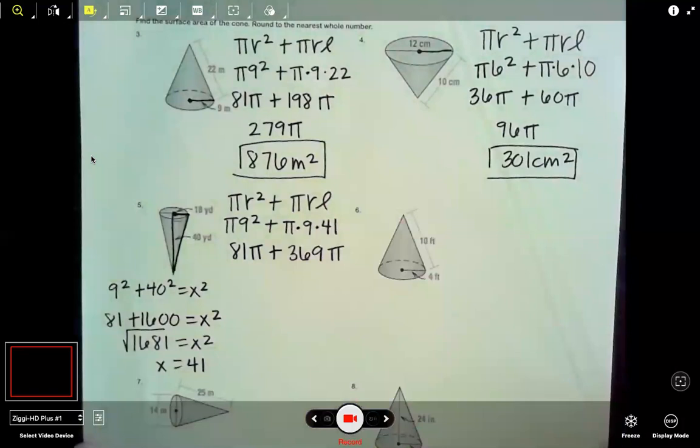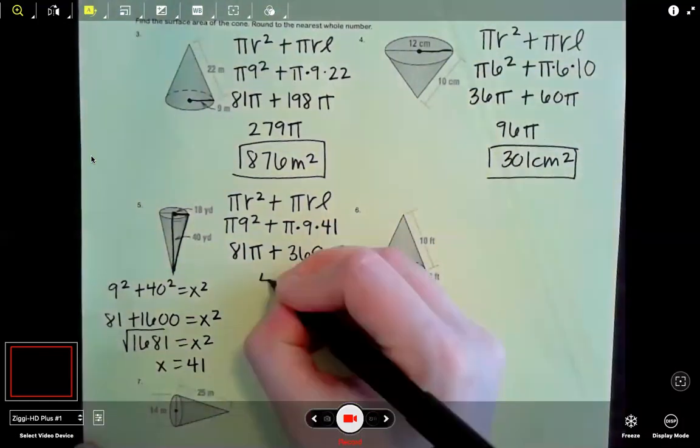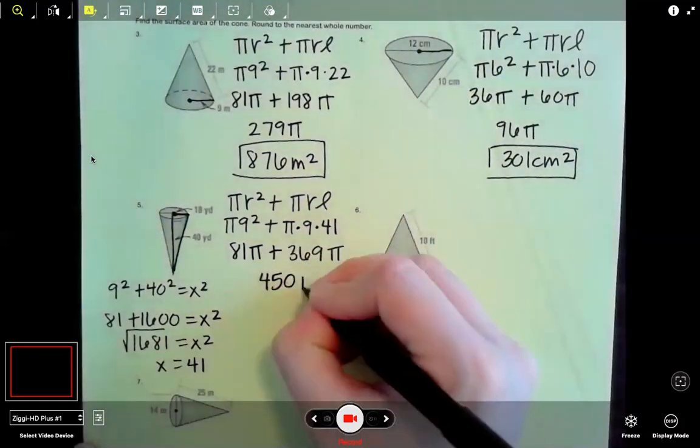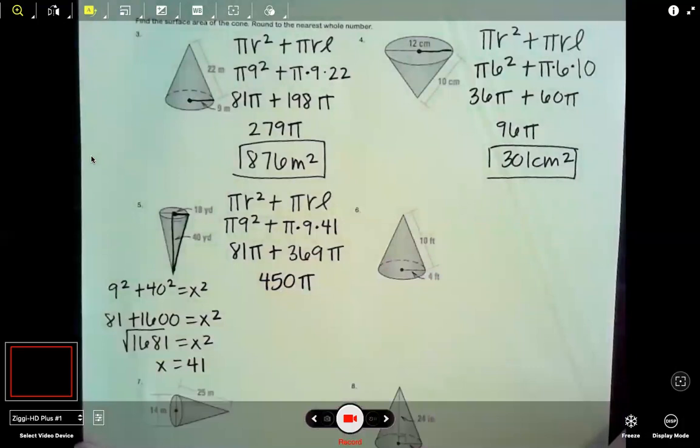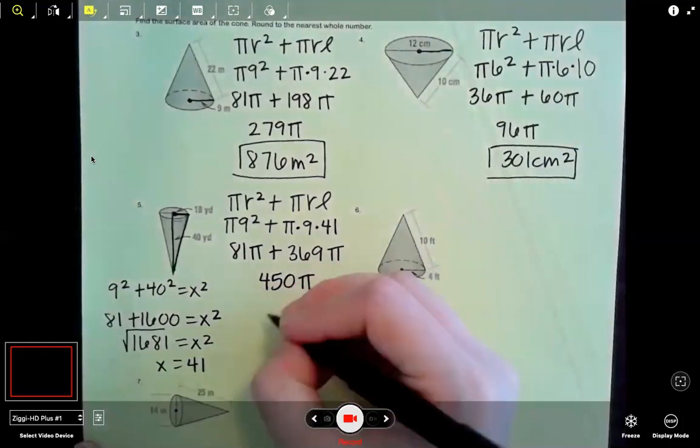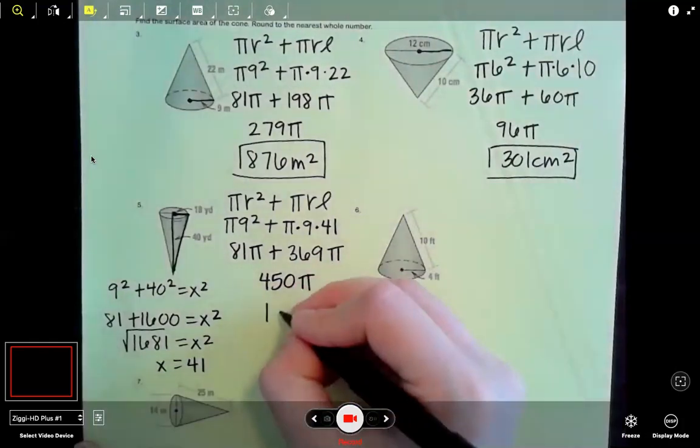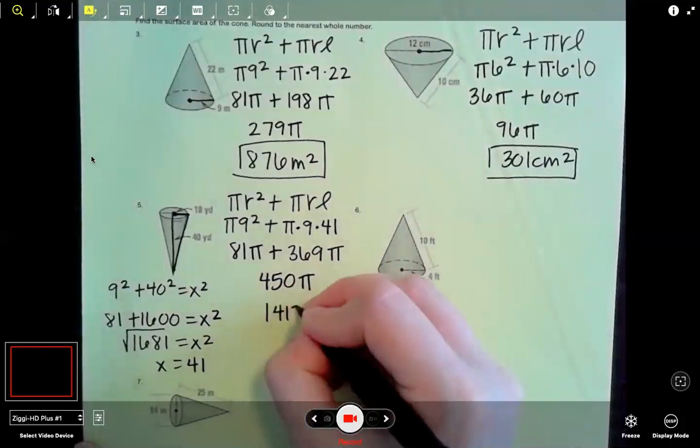Now let's take 81 plus 369. 450. Now we can take 450 times 3.14. 1,413. You are incredible. Yards squared.